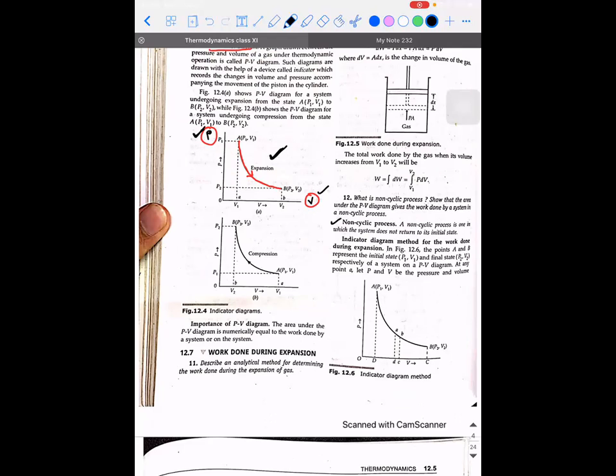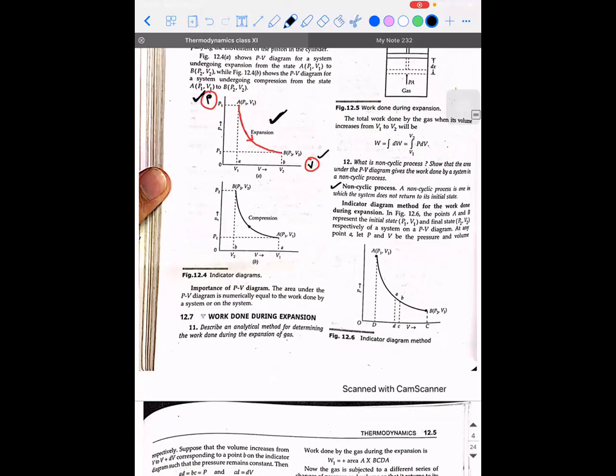The name itself suggests it: if a process starts at some point and ends at some other point, it is said to be non-cyclic. In the PV diagram, the graph between pressure and volume, the initial state of the system is P1 V1 and the final state is P2 V2. The process has started at a particular point but has not ended at the same point. So this kind of process is called a non-cyclic process.